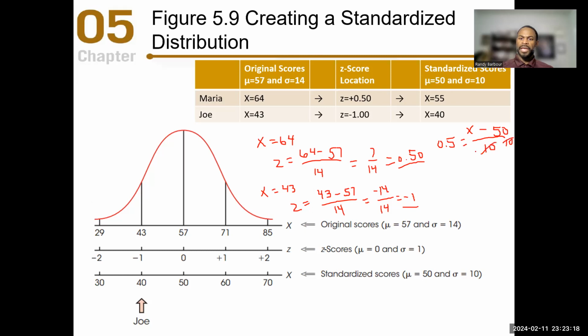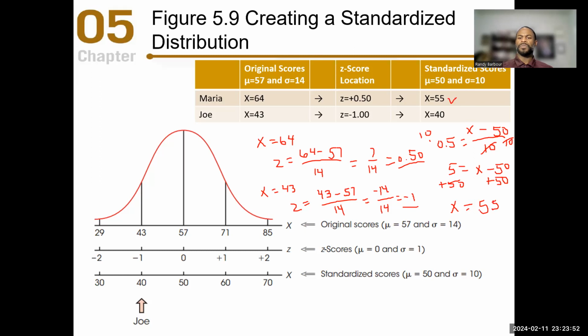That cancels, and this is multiplied by 10. That should be 5, equals X minus 50. I'm going to add 50 to both sides. So X should be 55, and it is 55.